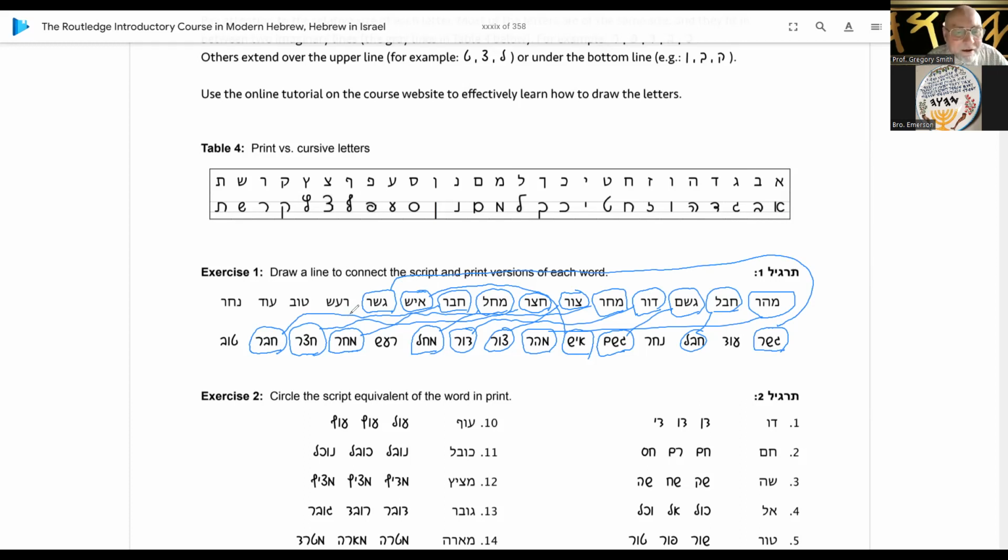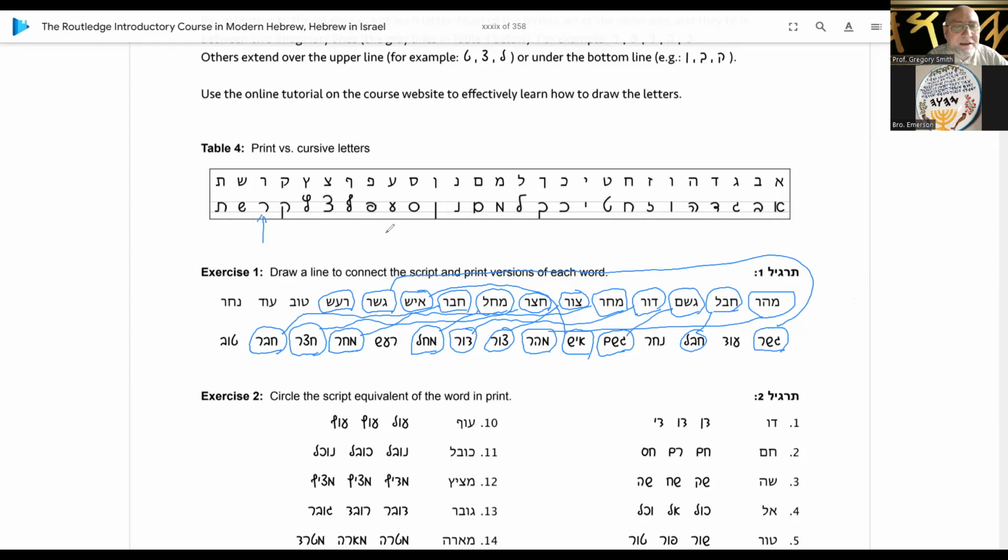Okay, now we have, this looks like Ra'ash. Ra'ash means noise. The resh is pretty similar, so it's easy enough to spot.